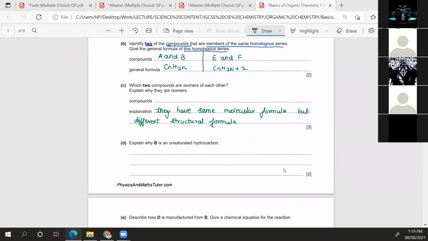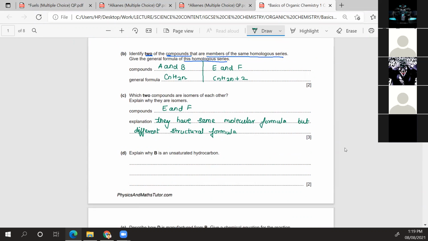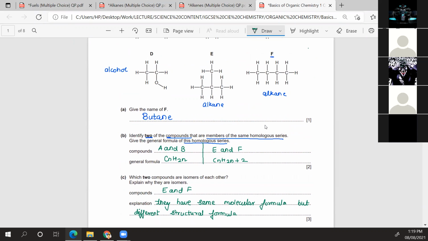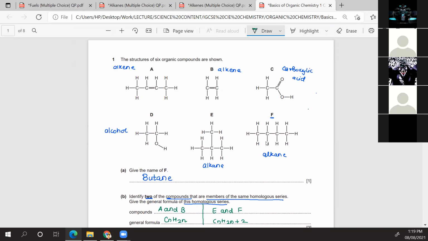It's going to be E and F, because E is also an alkane and F is also an alkane. How A and F? A is alkene. It can't be from two different homologous series. Isomers will be alkane, alkane only. It can't be alkene, alkane. That is not in your syllabus.